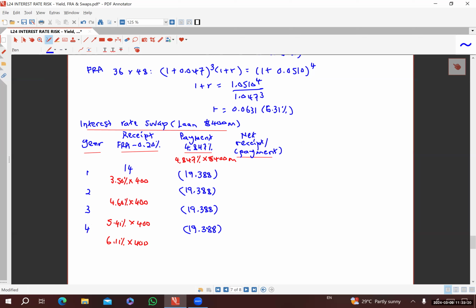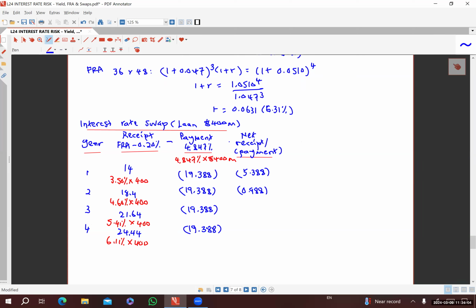The receipts are 14, 18.4, 21.64, and 24.44. So 14 minus 19 is minus 5.388, a net payment in the first year. The second year is also a net payment. The receipt minus the payment.